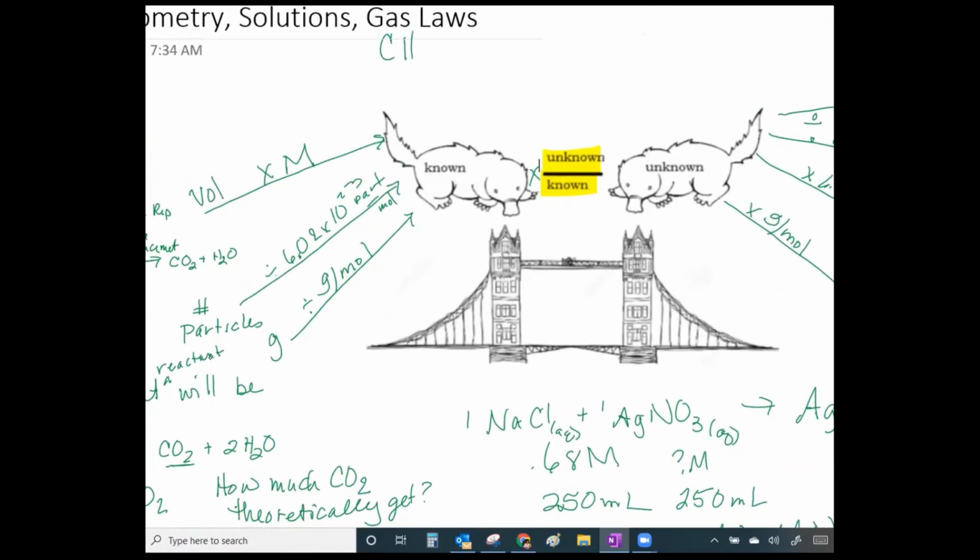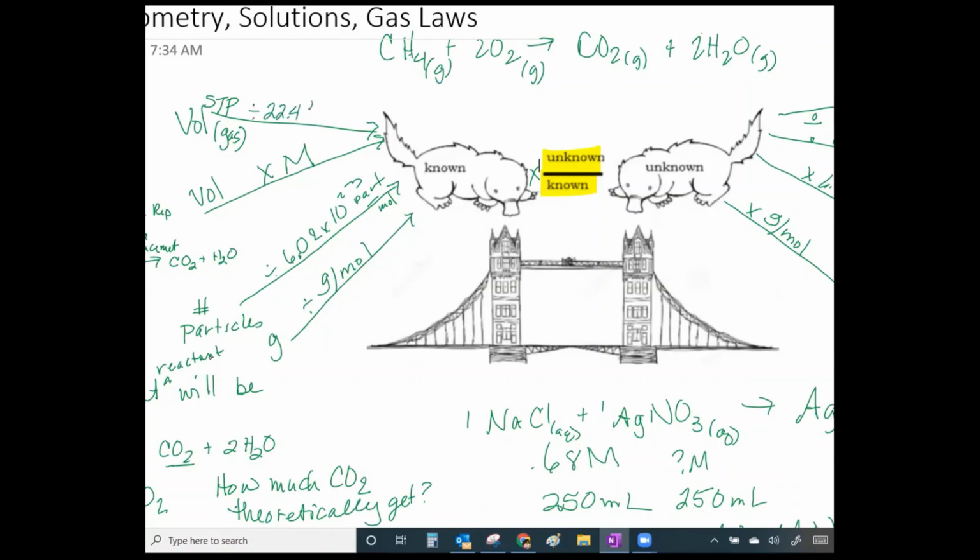If we go back to our methane question, if you are given a volume of a gas and it is at STP, standard temperature and pressure, you can divide by 22.4 liters in 1 mole.